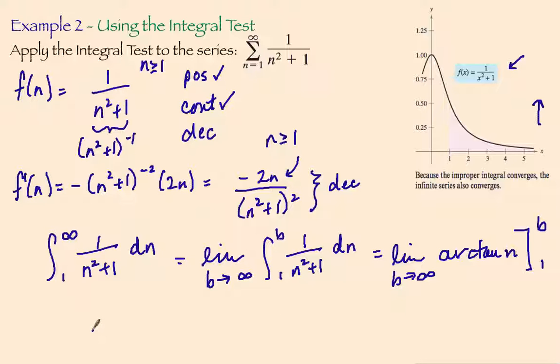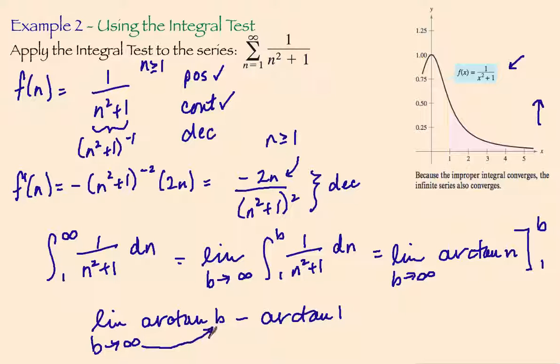This is going to give us the limit as b approaches infinity of arctan b, minus, and we don't need the limit for this next piece, we can just say minus the arctan of 1. Now let's plug infinity in for b.